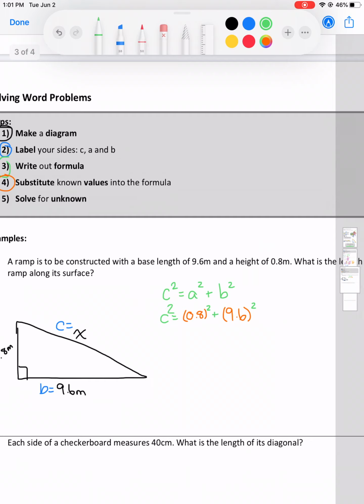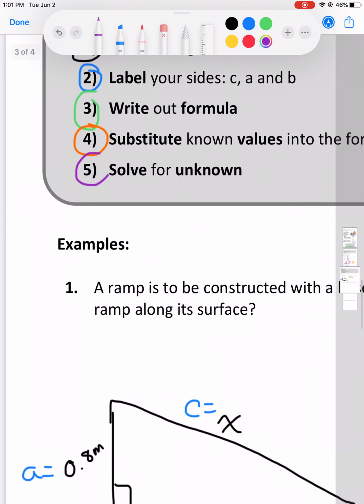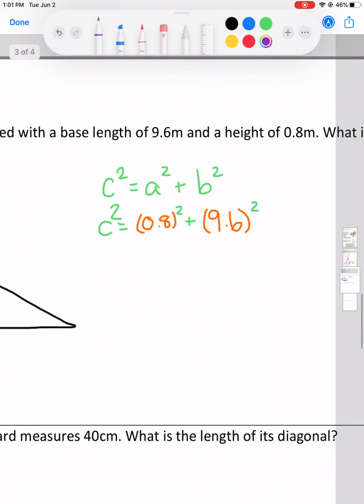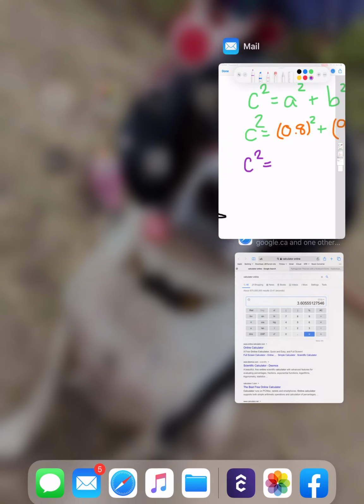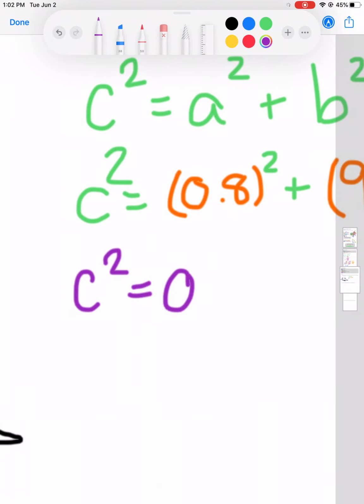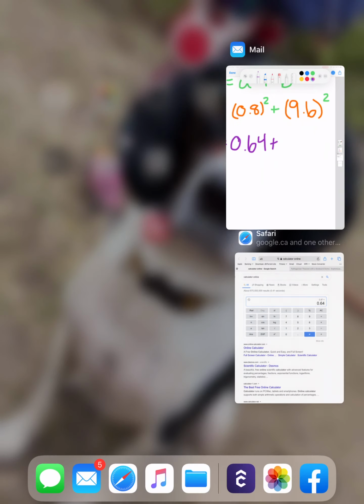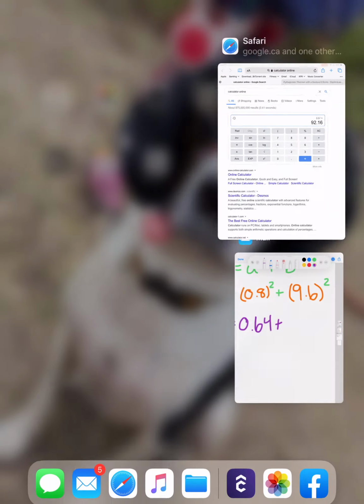Solve for the unknown. Let's get my purple back. C squared: 0.8 squared is 0.64. 9.6 squared is 92.16.